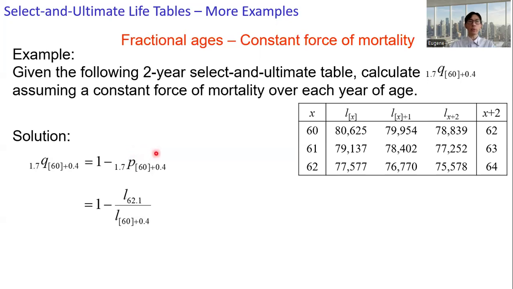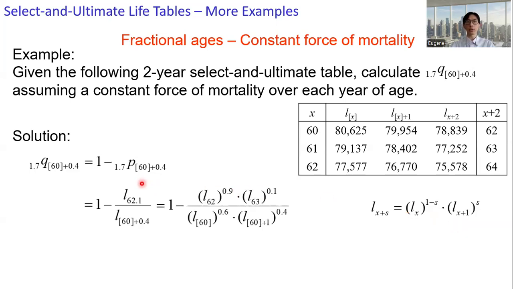P60 plus 0.4 expressed in terms of the L's is L62.1 over L60 plus 0.4. Under the constant force of mortality fractional age assumption, we can get Lx plus S, where S is between 0 and 1, equals Lx raised to the power 1 minus S times Lx plus 1 raised to the power S.